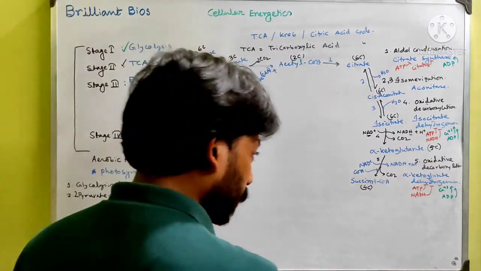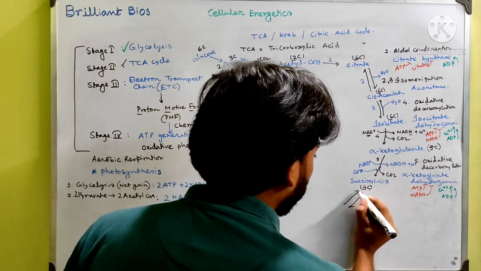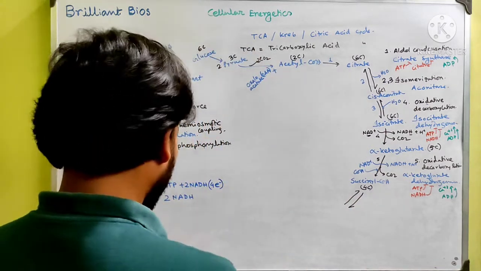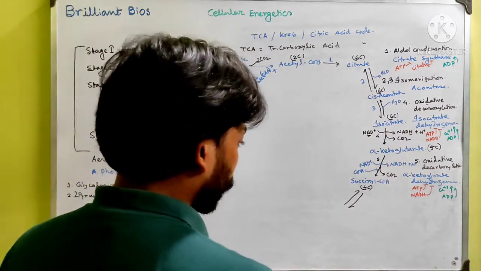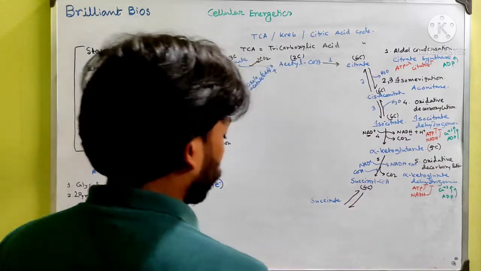Now this succinyl CoA goes through a reversible reaction and produces succinate. Very easy, succinate or succinic acid.